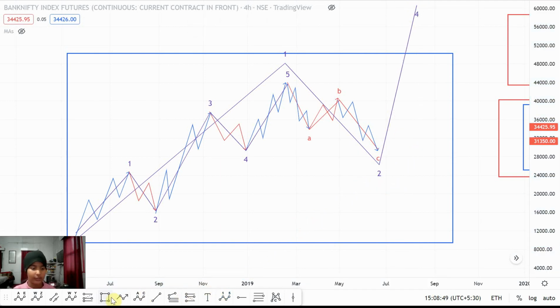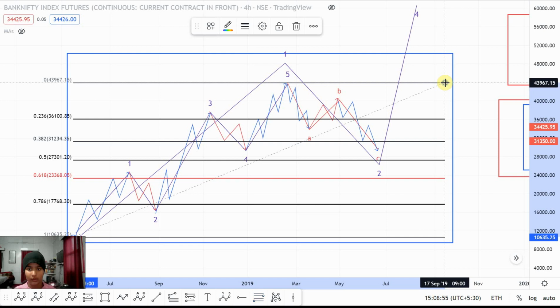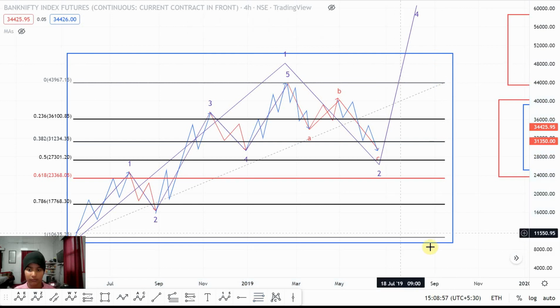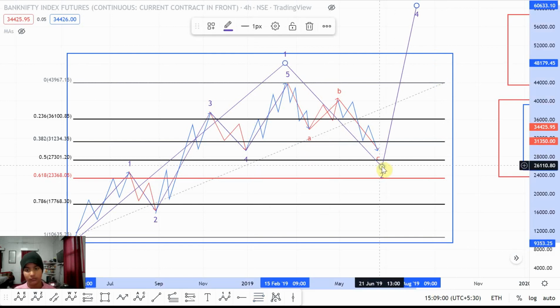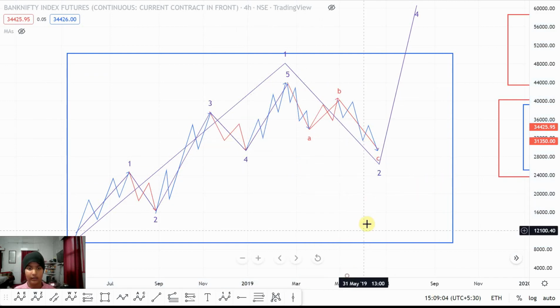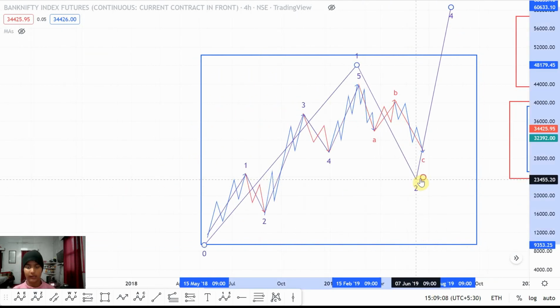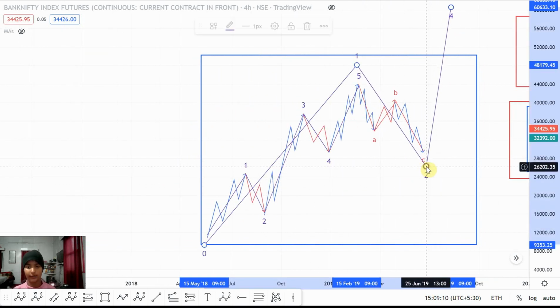So let's just put a fib like that there. So now that was our Elliott wave.